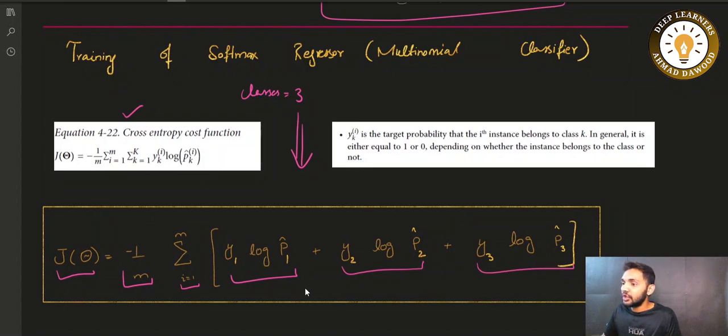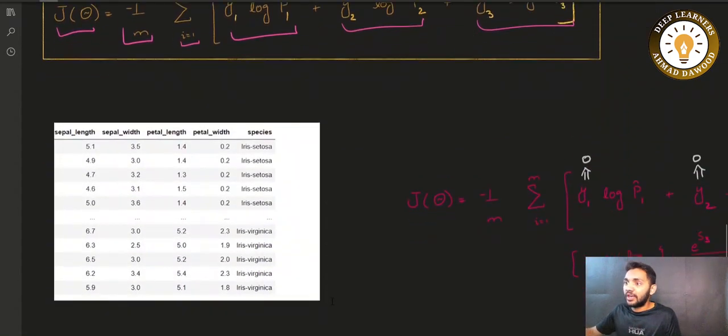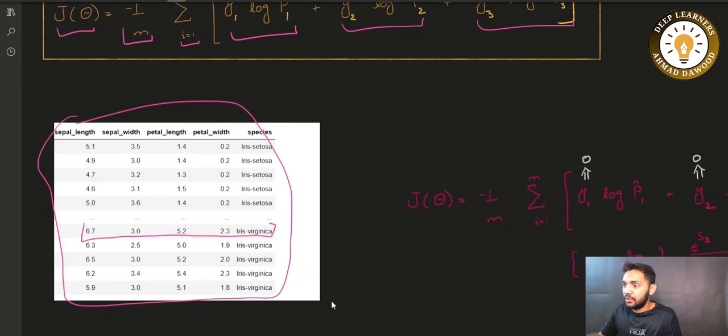So let's say you are training your softmax algorithm on that particular data set, and this sample is passed to that equation. It belongs to the category virginica. So in that case, y1 is equal to 0, y2 is equal to 0, y3 is equal to 1. Because this is virginica, it's not setosa, not versicolor. So y3 is equal to 1.